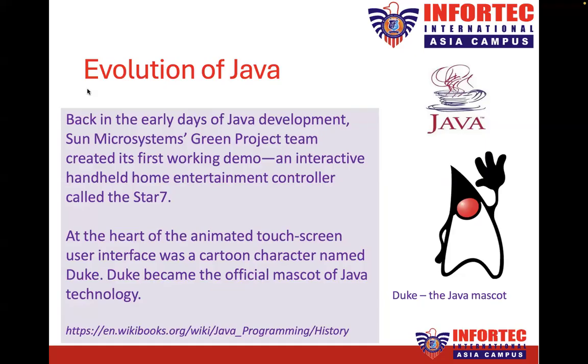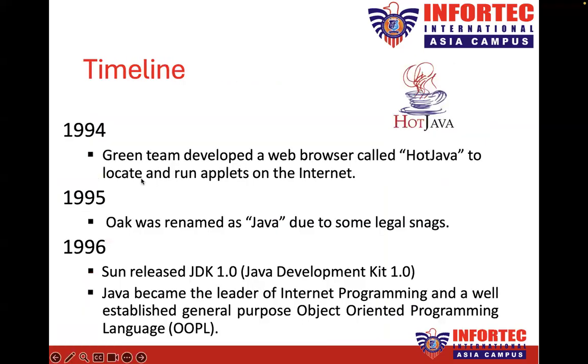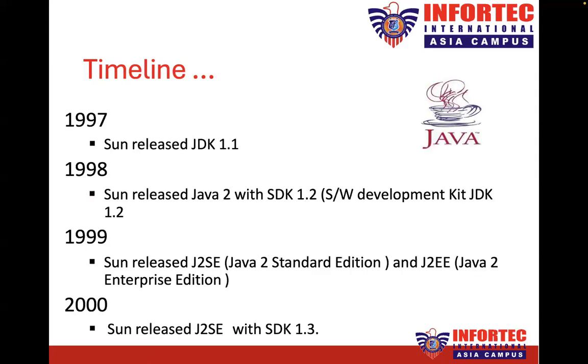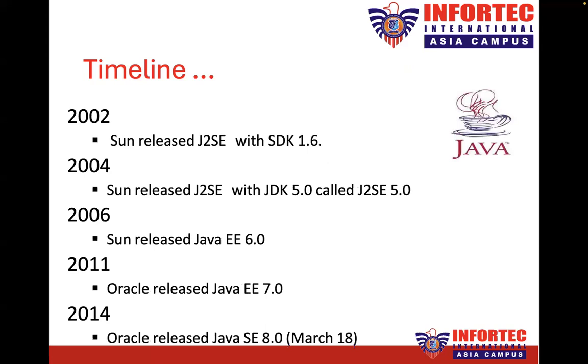So I have given all this information just for your understanding. You can remember this as a story. No need to remember the exact year or the exact thing they introduced. I won't ask any questions related to the timeline or evolution in the final exam.